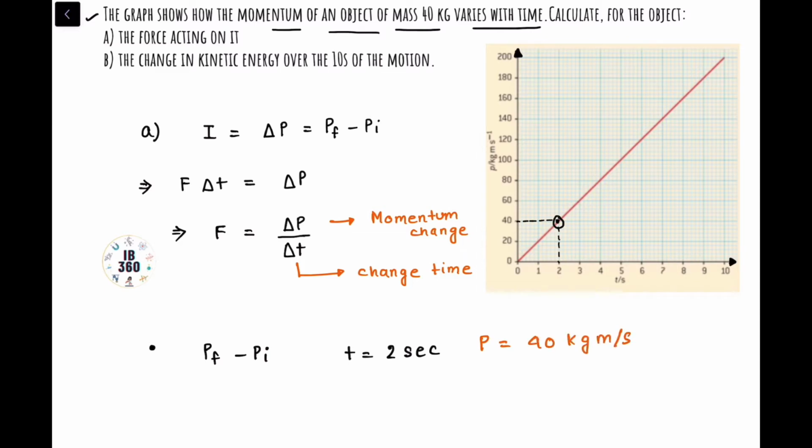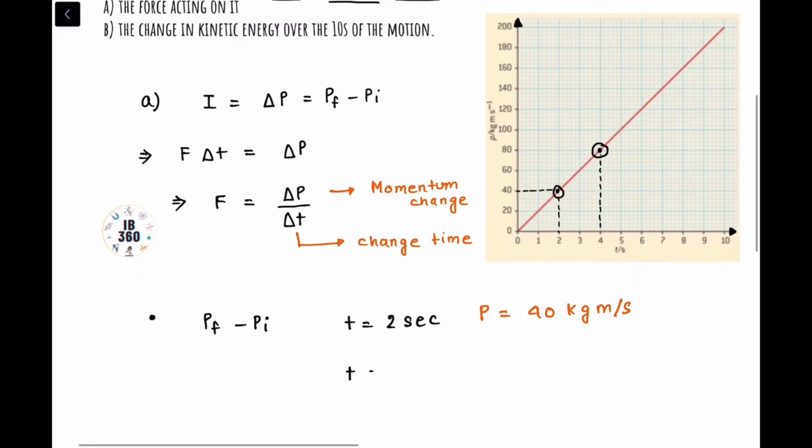And I pick up another point: at t equal to 4 seconds, the momentum is 80 kg meter per second.